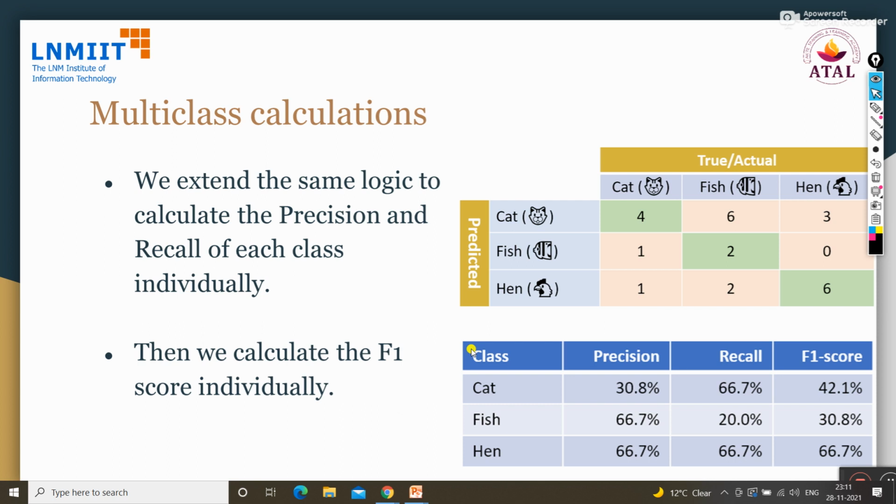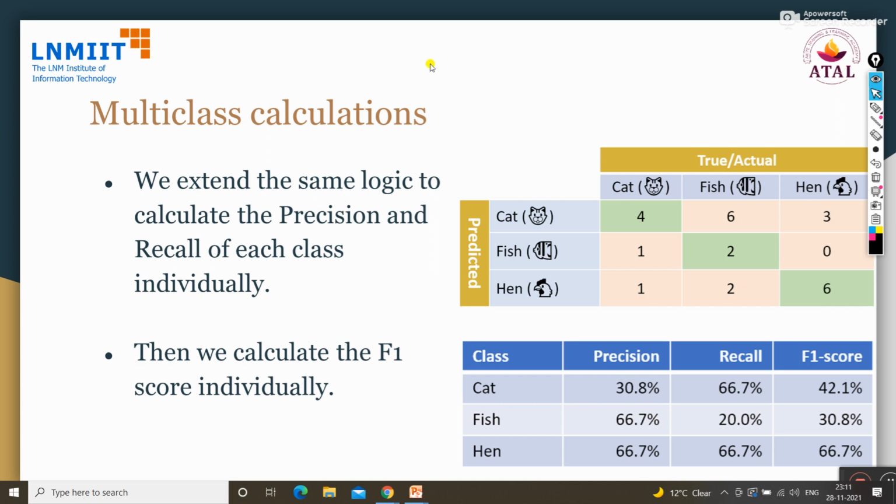The false positives were 6 and then 3. So 4 upon 13.